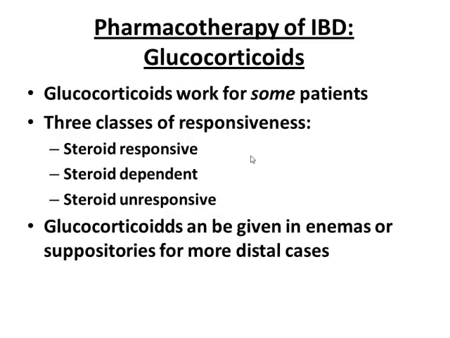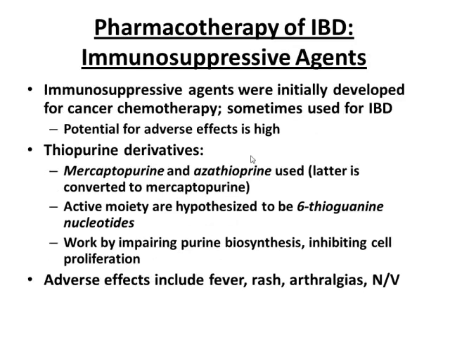There's people who are dependent on steroids, so the disorder will get too bad if they don't take them. And then there's steroid unresponsive folks too. So for some folks, glucocorticoids don't work. Okay, and you guys know how glucocorticoids work by now, I hope. And they can be given in enemas or suppositories for more distal cases, or given systemically, obviously.